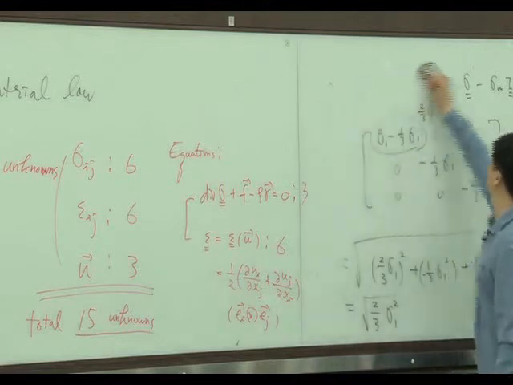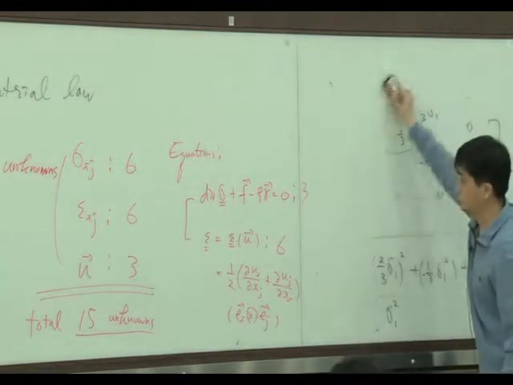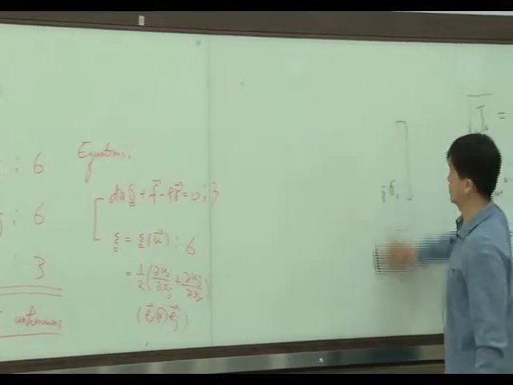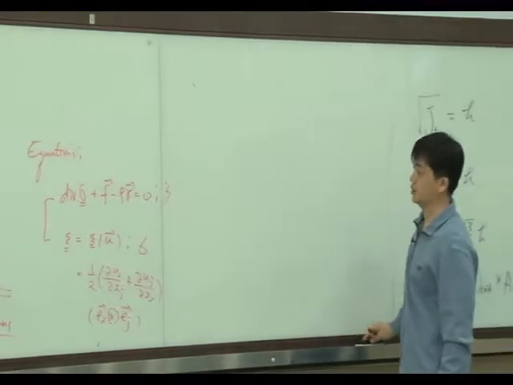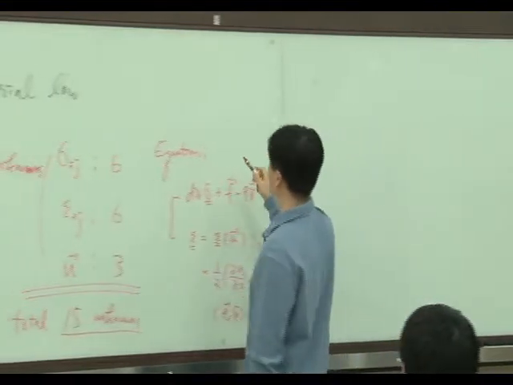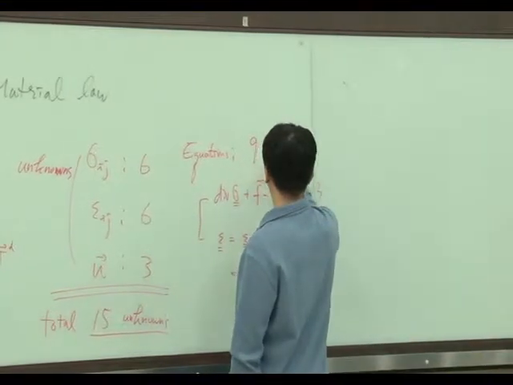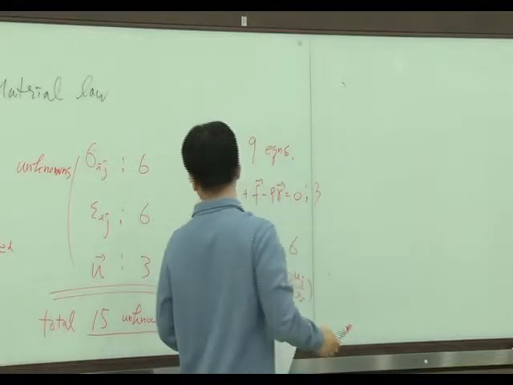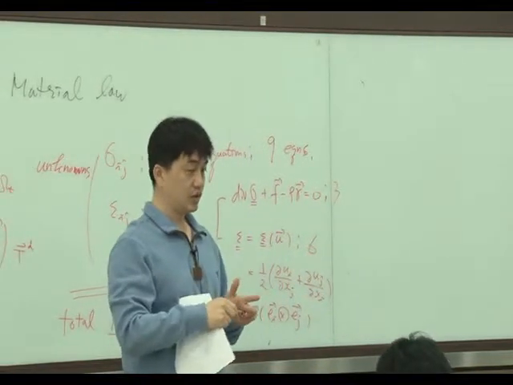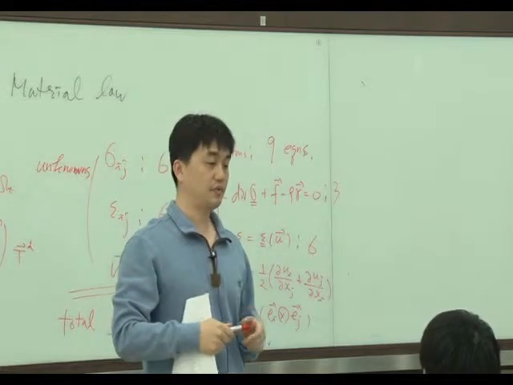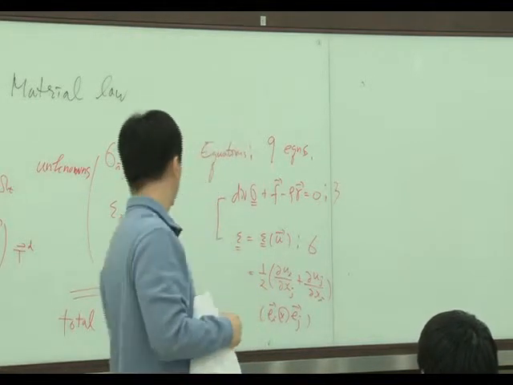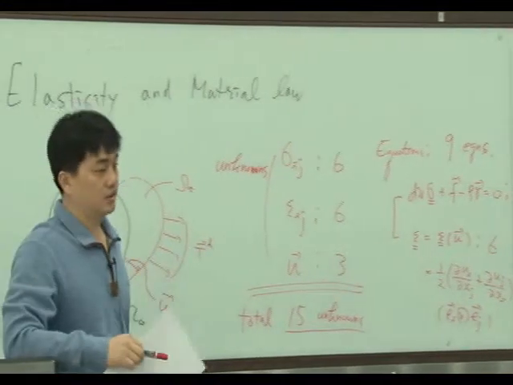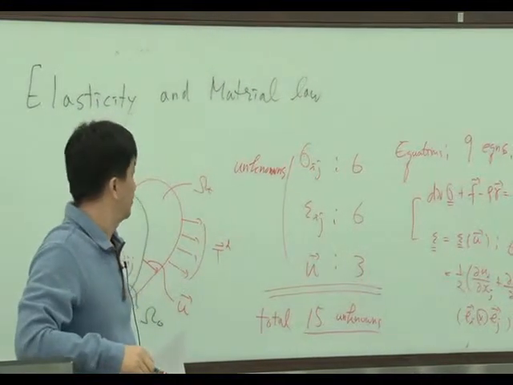So how many equations do we know right now? Okay, 9 equations. So we have 9 equations, but we have 15 unknowns. This is the situation at this time.